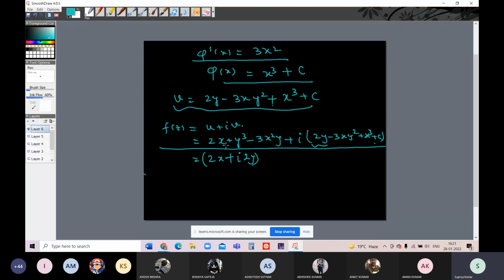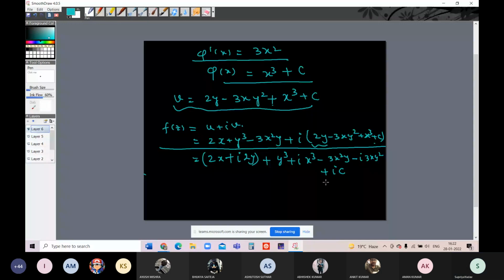So 2x plus i times 2y, and y cube minus plus i x cube, and 3x square y minus i 3xy square plus i into c. This i into c can also be replaced by a new arbitrary constant c1 if we want.